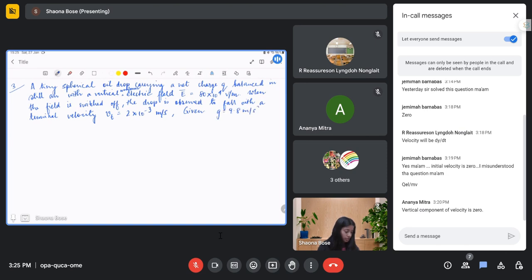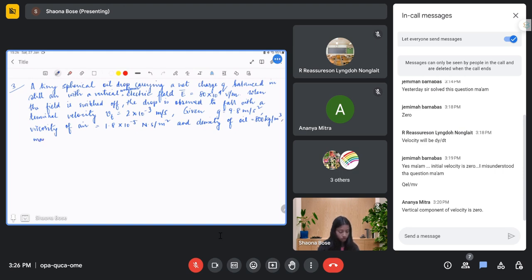Given g is equal to 9.8 meter per second square, the viscosity of air is 1.8 into 10 raised to the power minus 5 Newton second per meter square, and density of oil is 800 kg per meter cube.